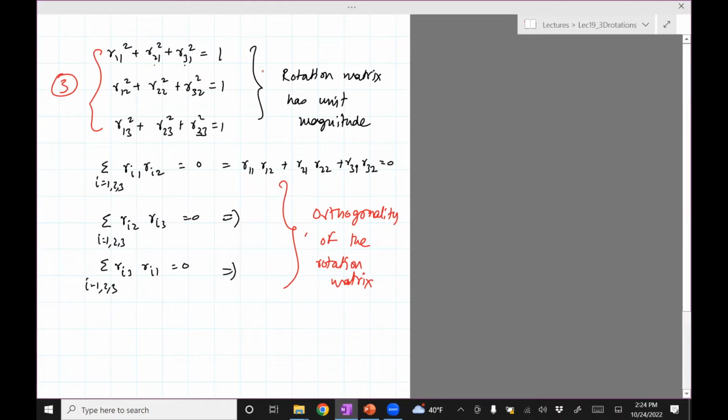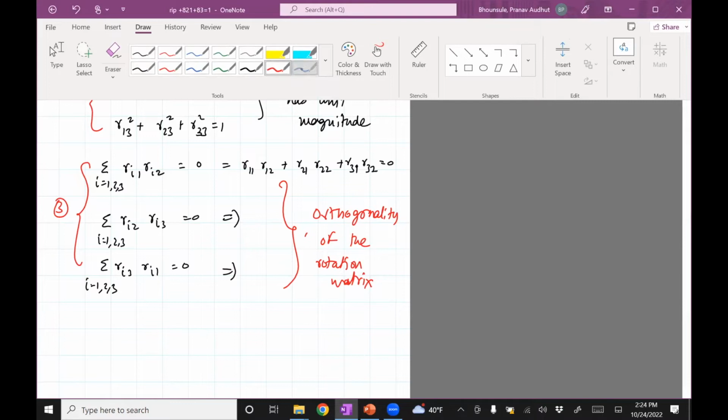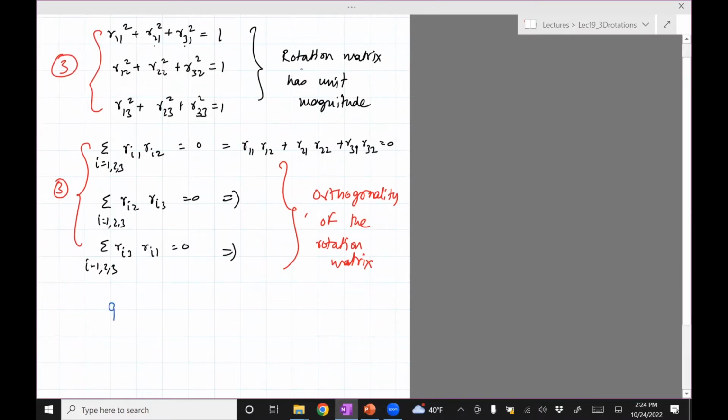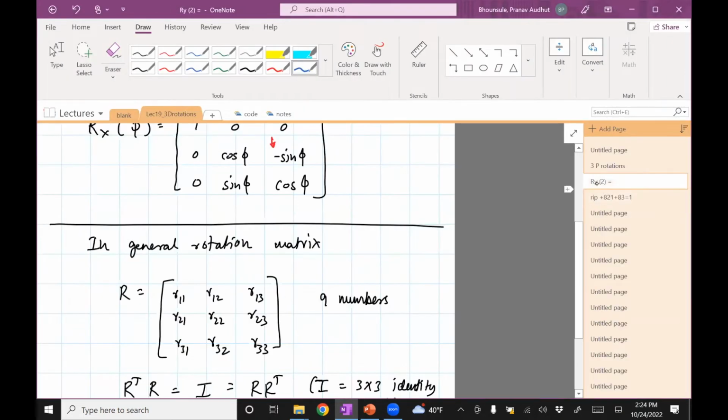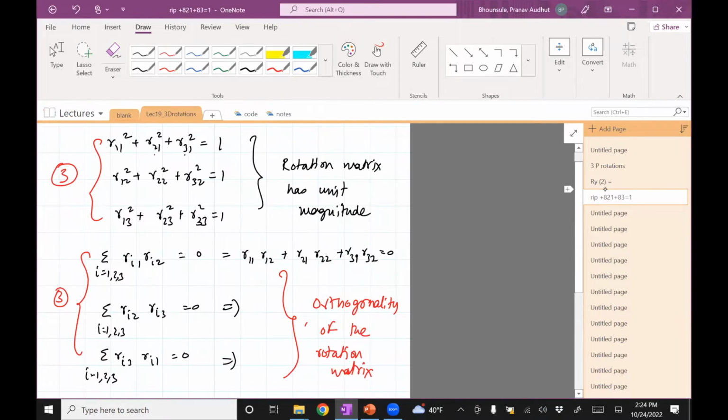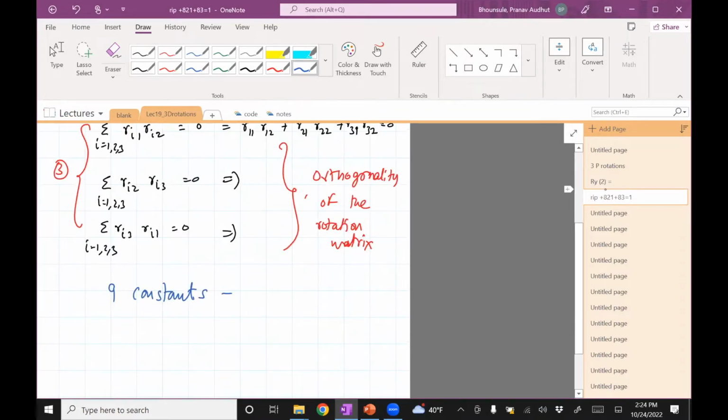Remember, we have 9 numbers, which I wrote down earlier, but those 9 numbers are related by 6 conditions which you cannot violate, which means effectively there are 3 unique numbers in the rotation matrix.